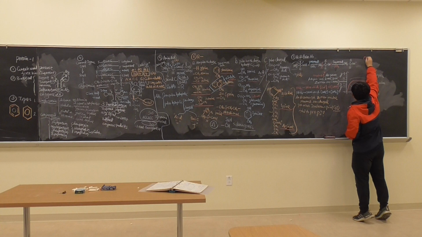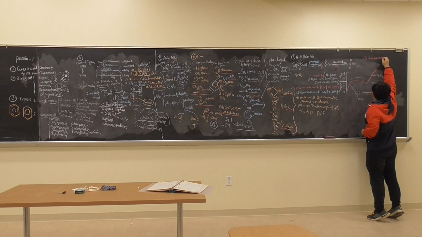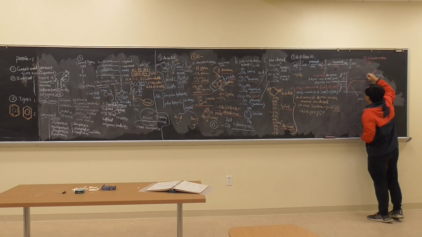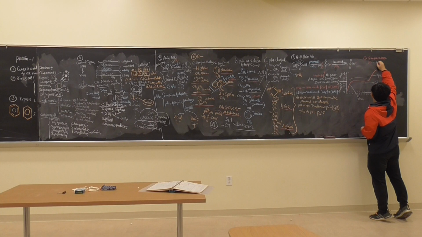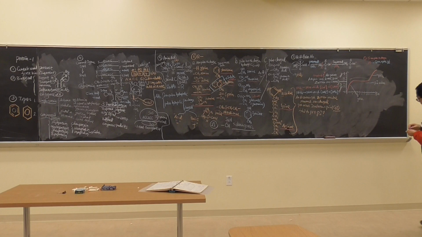Category number 1: if it is non-polar, no charge, what will the pI value be? That simply equals pKa1 and pKa2 divided by 2. This is the first category.